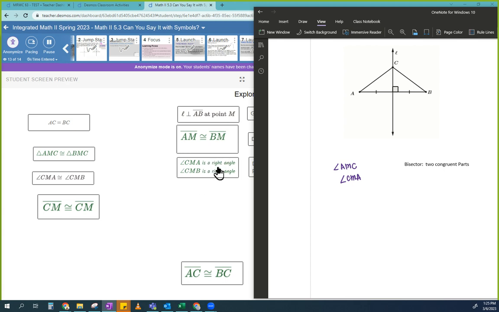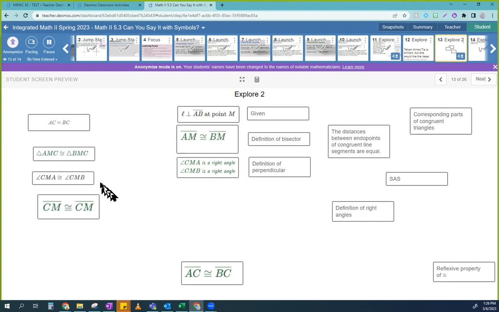So now that we know that they're right angles, do we now know that angle CMA is congruent to CMB? If this is a right angle and this is a right angle, do we know that these angles are congruent? Everyone say yes. Very good. Okay. So why do we know these angles are congruent? Because the distance between endpoints are congruent?